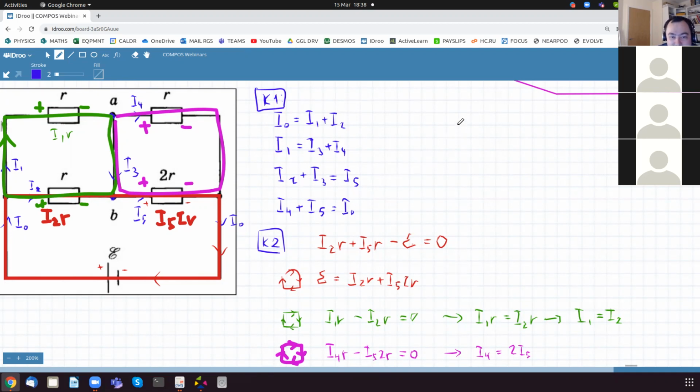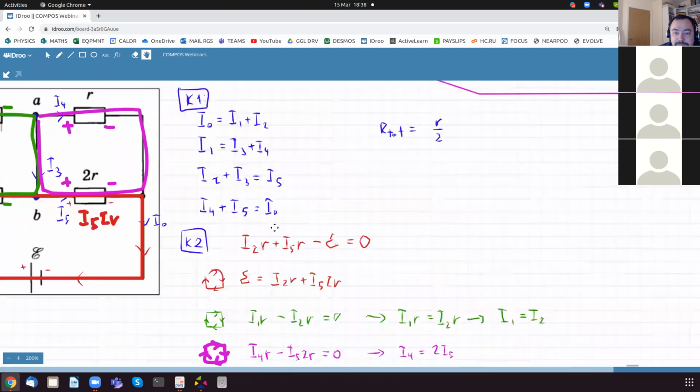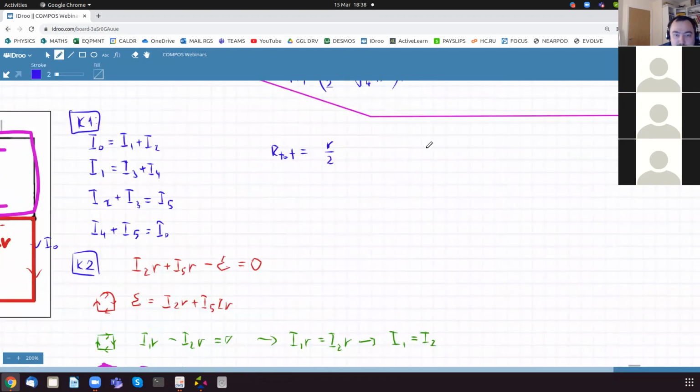So I'm going to find the total resistance. This is a parallel combination of R and R, which is R over 2. You understand that AB plays no role, so you can just join them. You can draw this like this, R and R, and then you have R and 2R.